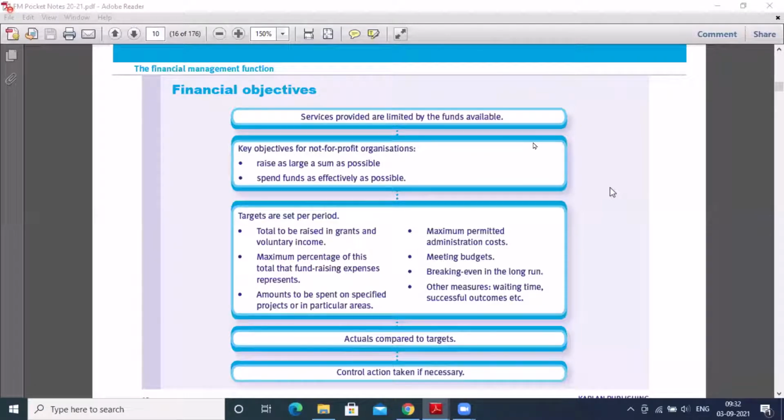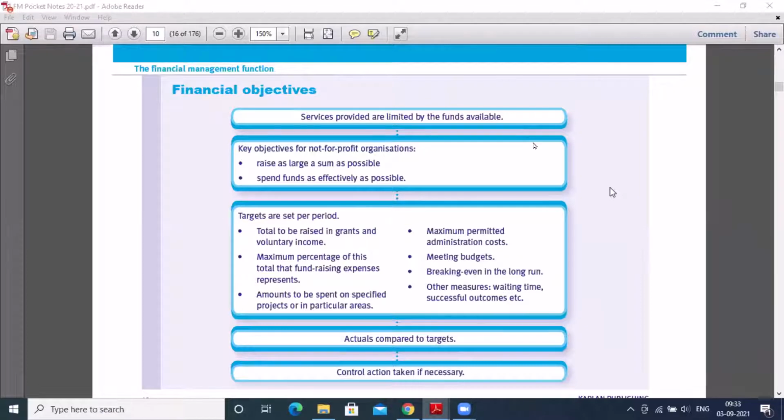Okay. So that's why, if you see the next point, actual compared to the target, every year this not-for-profit organization will fix the target. And at the end of the year, they will be comparing whether they succeeded in achieving the targets or not.